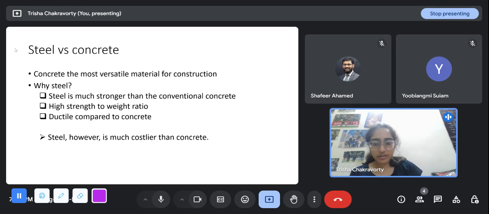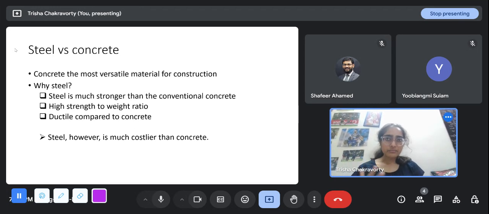It is stronger than conventional concrete. It has a high strength to weight ratio that makes steel structures lightweight, and steel is more ductile compared to concrete. That is, it allows a sufficient amount of deformation before it actually fails, so it increases the warning time before a collapse. So there is time to evacuate or to initiate repair.